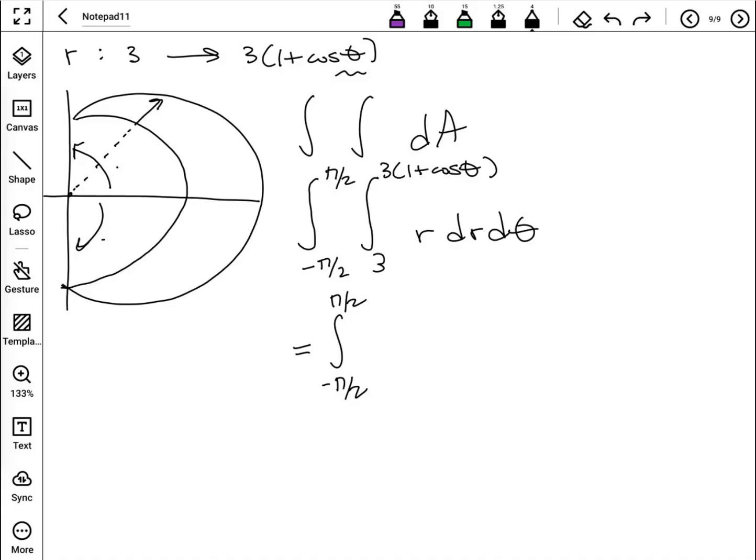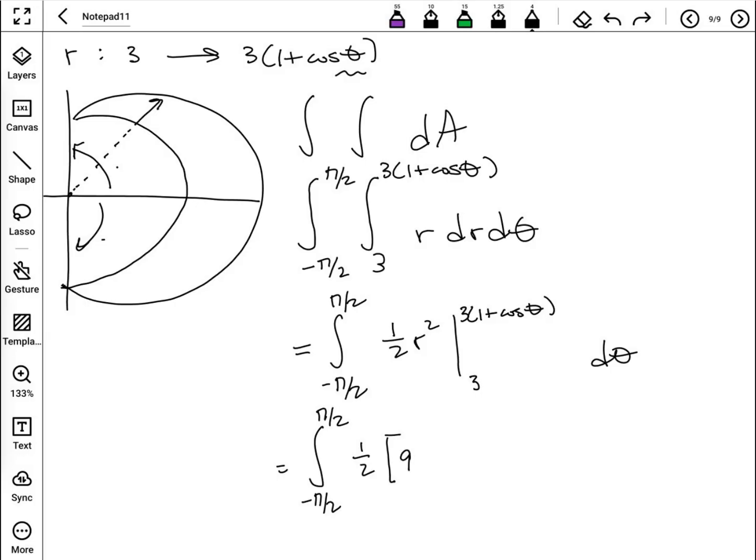But if I'm just integrating r, it's going to become 1/2 r squared evaluated from 3 to 3 times 1 plus cosine theta, d theta. So that's going to be 1/2 times, man, that's going to be unpleasant, 9 times, do I want to multiply that out or not?